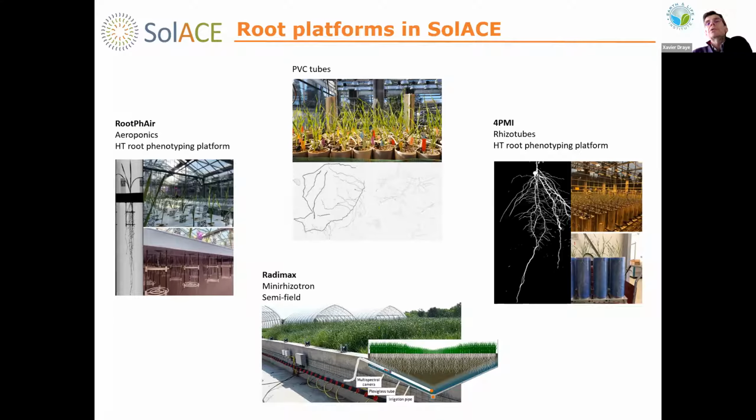This was complemented with lower throughput experiments in PVC tubes, where roots could be measured in real-like substrates, plus the Radimax setup in the field, discussed in a previous event. So we are unfortunately not going to talk about Radimax today, except in the discussion.